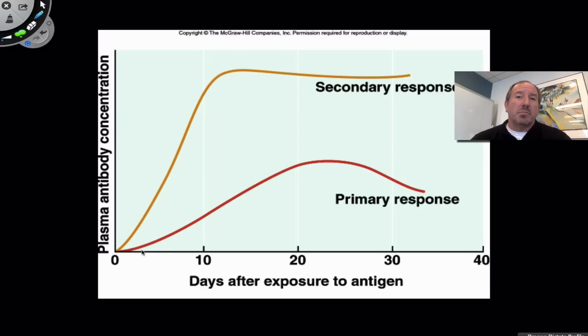But if the same antigen shows up again, notice how quickly the antibody concentration goes up, and therefore the secondary response is more rapid and more vigorous, and therefore you don't get sick. So that's what we mean by secondary immune response. There's a preparedness and an immunity, thus the name.